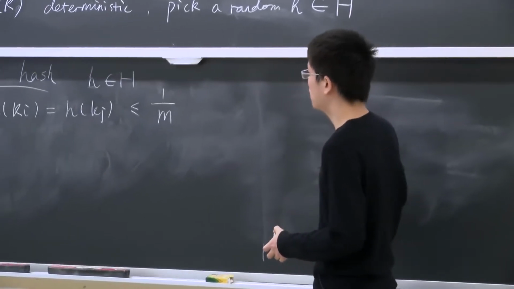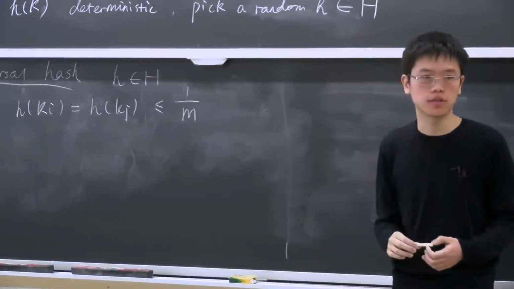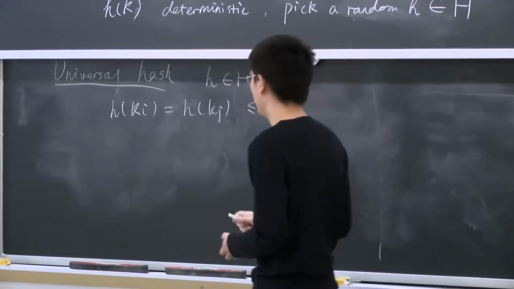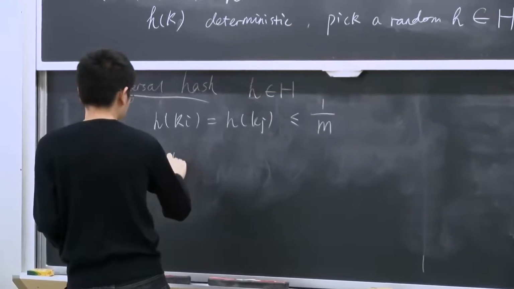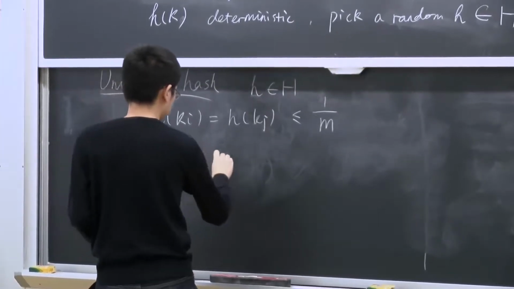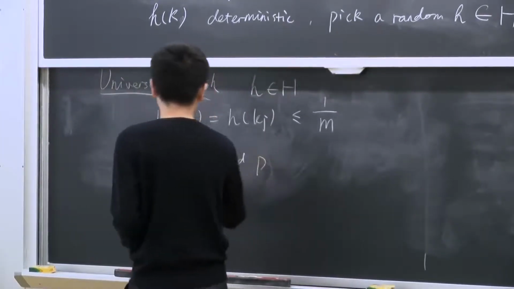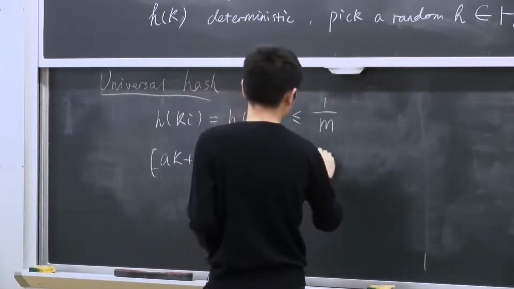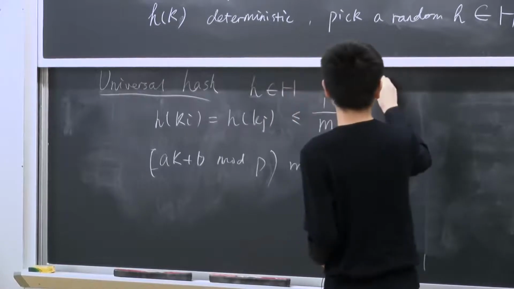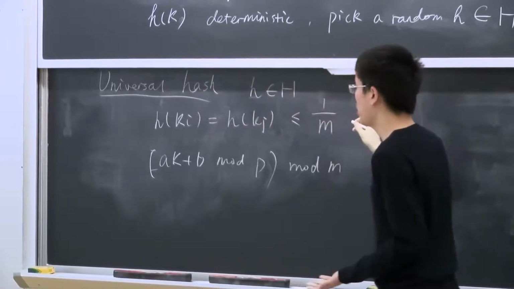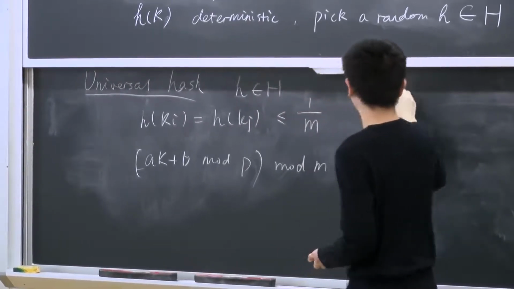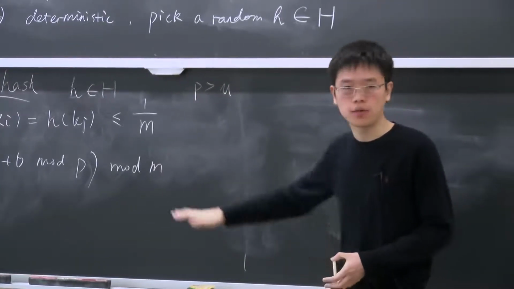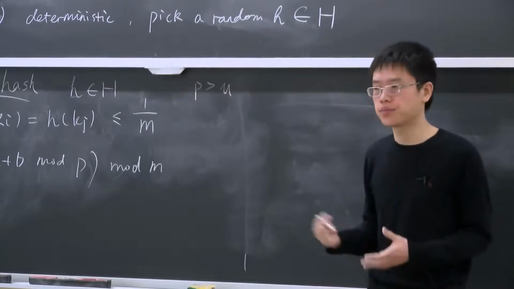So we have seen one universal hash function in the class. I'll just go over the other example, which is (ak + b) modulo p, and then modulo m. So p is a prime number that is greater than the universe size. We'll see why this is a universal hash function.